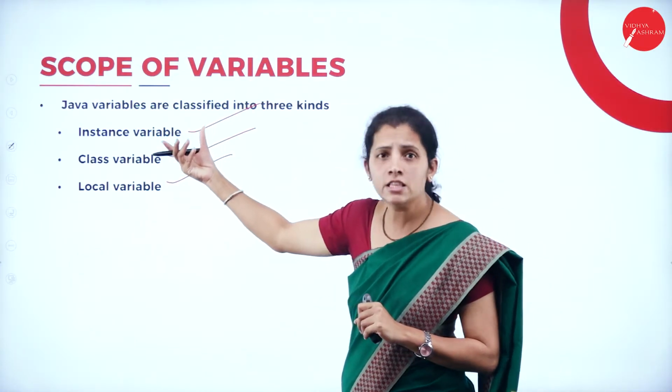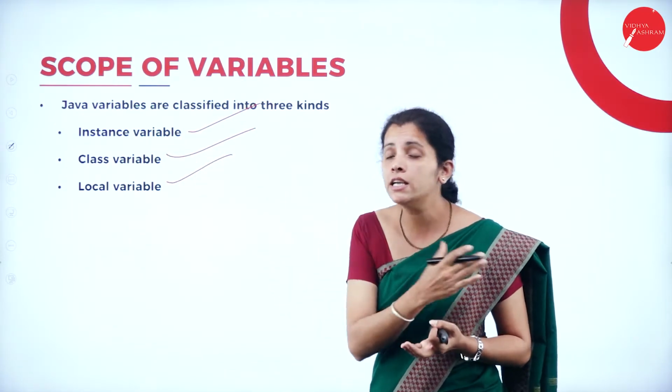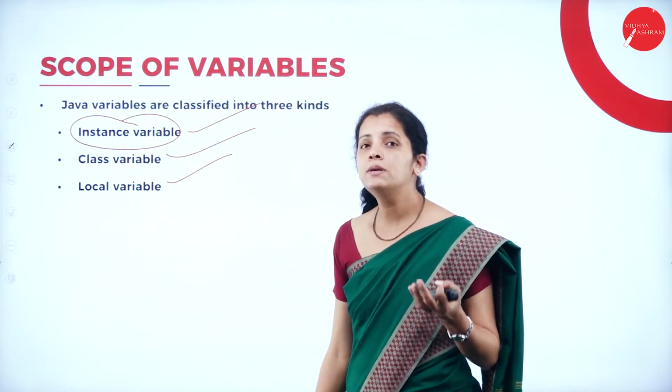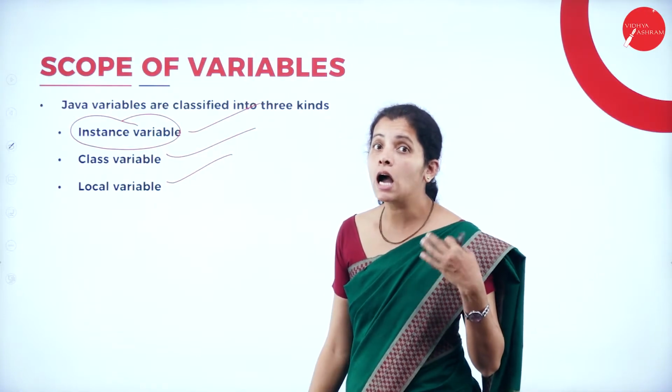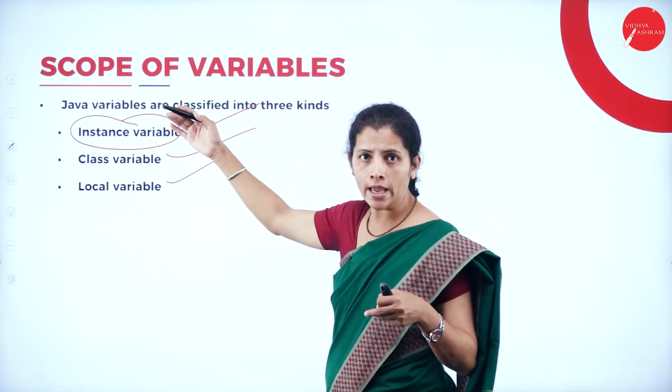So what is an instance? That is nothing but the object. Objects are themselves called instances. So instance variables means, when the objects are initialized, then it is called an instance variable.